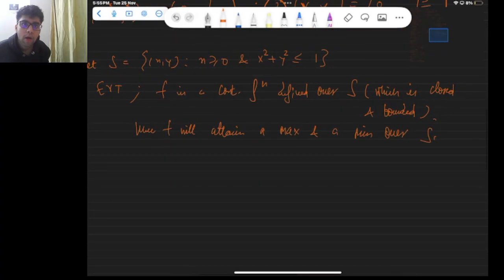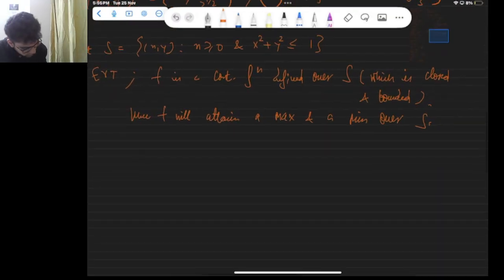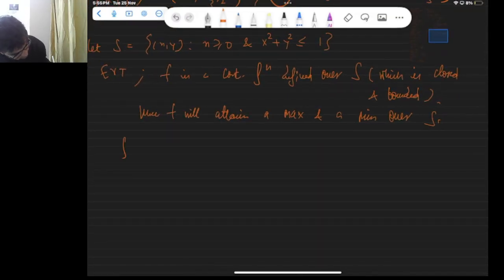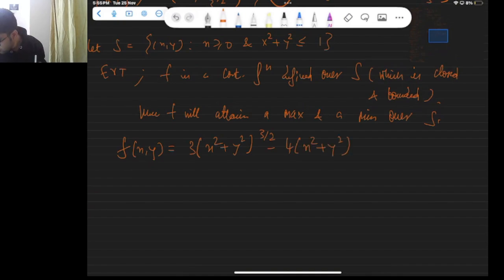So now let's find them. The function which was given to us initially was f of x comma y equals 3(x square plus y square) to the power 3 by 2 minus 4(x square plus y square) to the power 1 by 2 plus y. This was the function given to me.